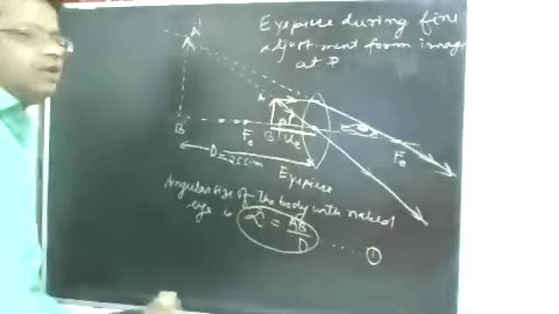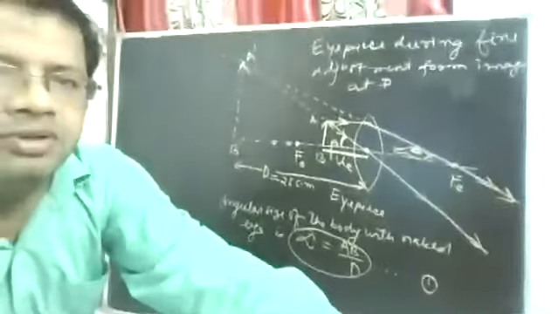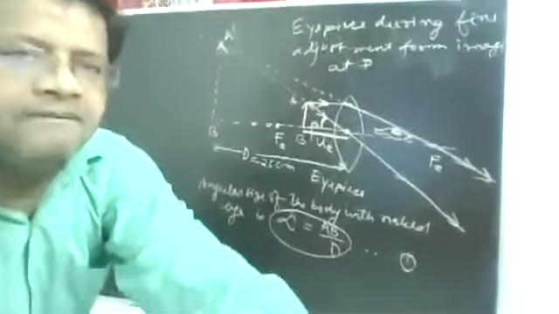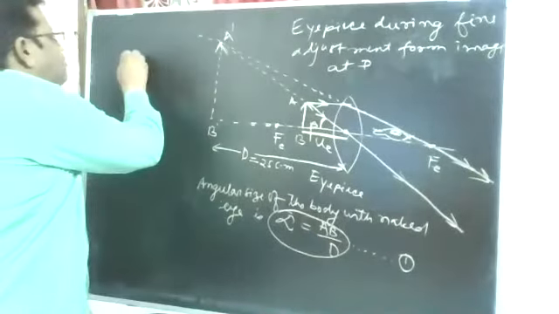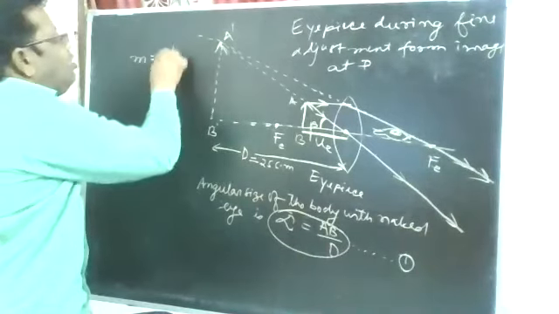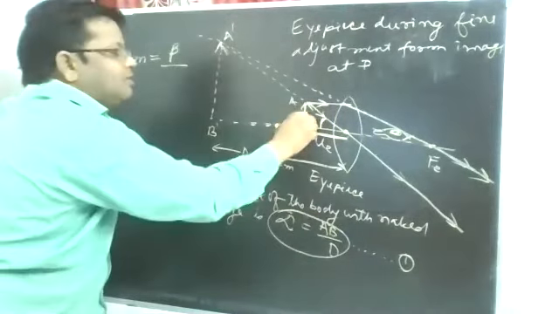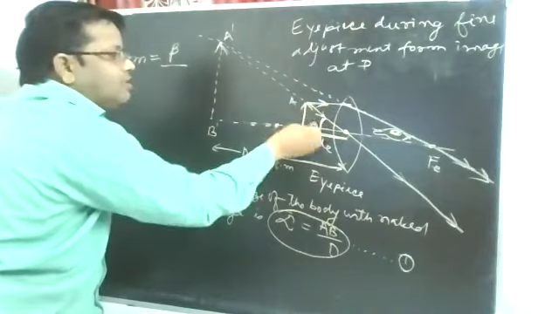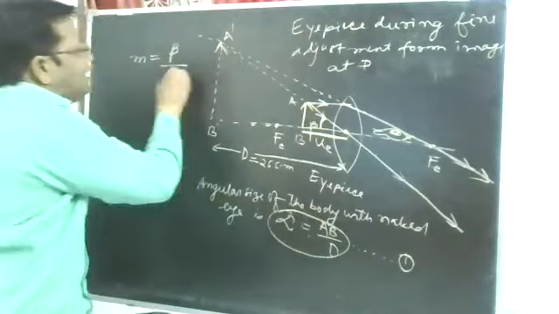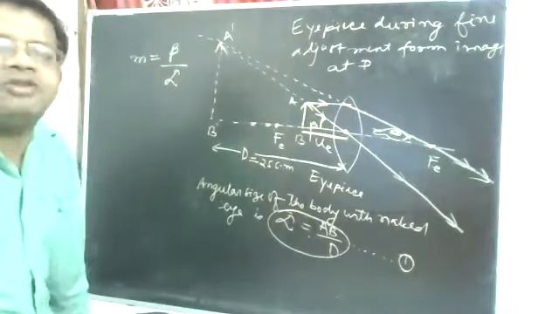So the magnification here will be the ratio of the angle of vision with the lens, beta, to the original angle, alpha. It tells how many times it increases the size of the image: beta times the original angle alpha. This is known as angular magnification, or simply magnification.